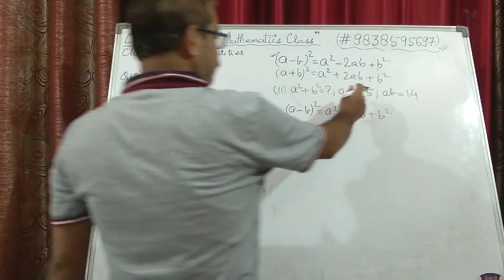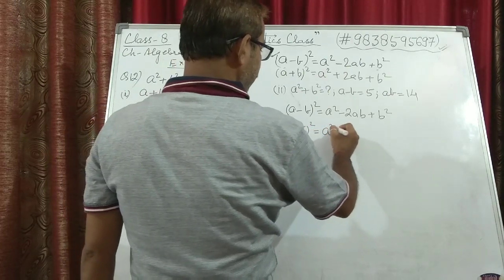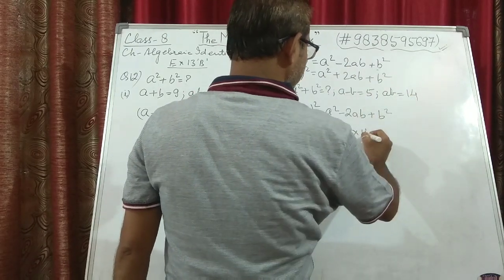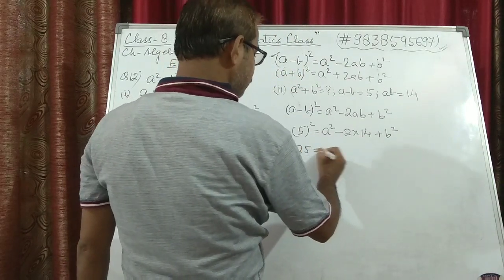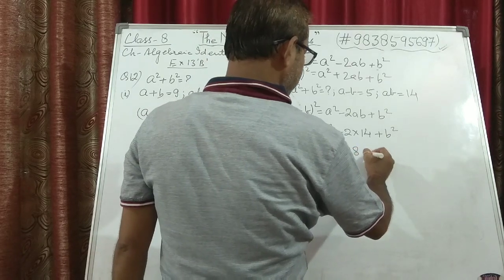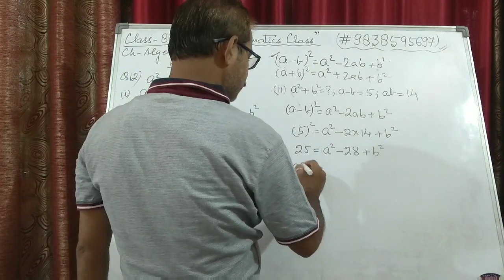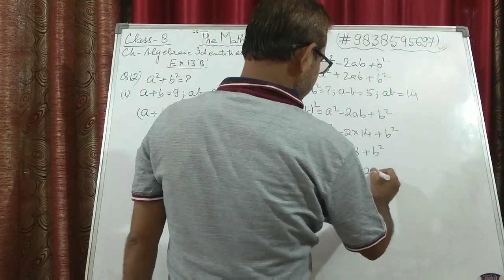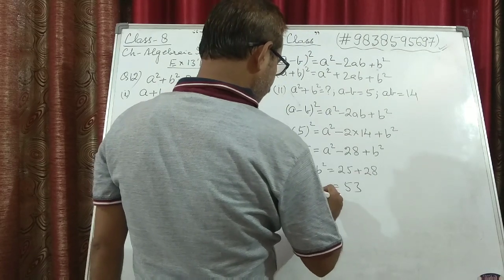Now a minus b is given as 5, so 5 square is equal to a square minus 2ab, which is 14, plus b square. So 5 square is 25, equal to a square minus 2 into 14, that is 28, plus b square. This 28 comes to the other side and gets added. So a square plus b square is equal to 25 plus 28, that is 53, the final value.